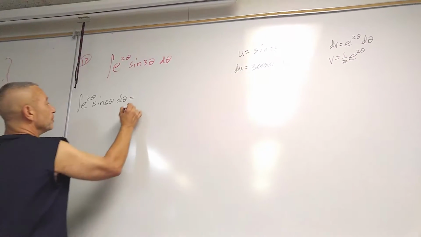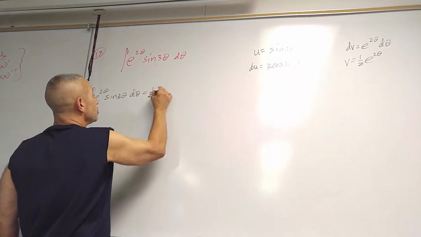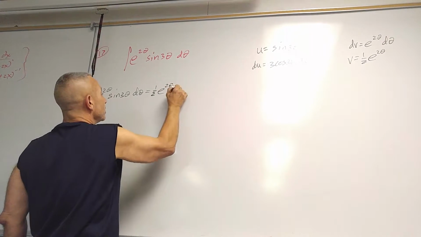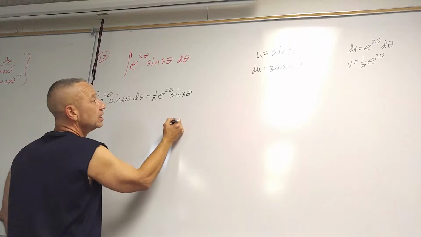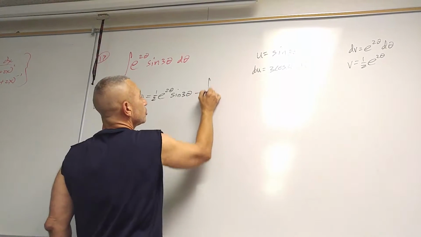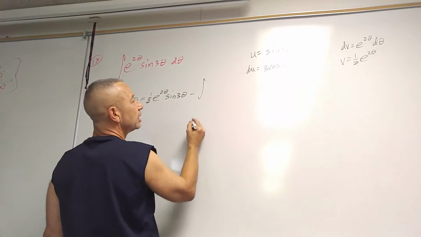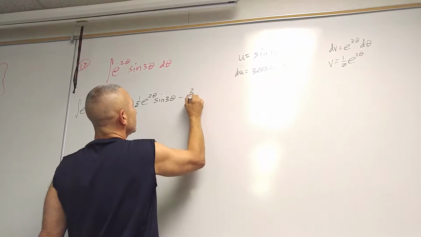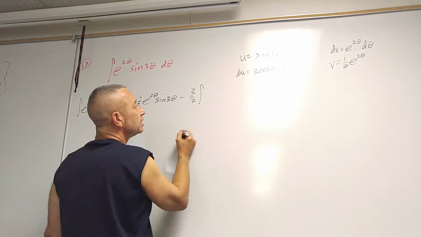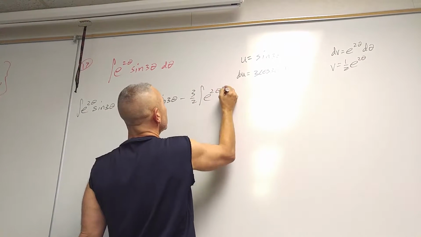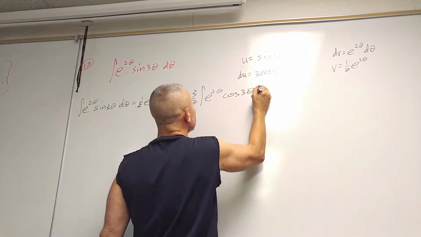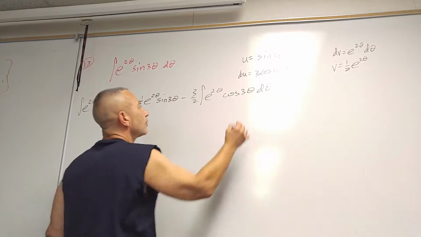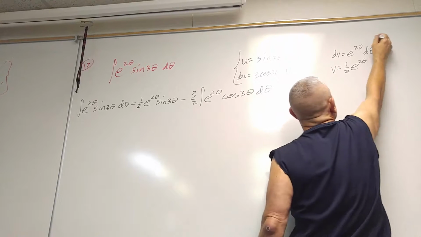So u times v, 1/2 e to the 2 theta sine 3 theta, minus the integral of v du, and that is a 3/2 integral of e to the 2 theta cosine 3 theta d theta. Is that okay?